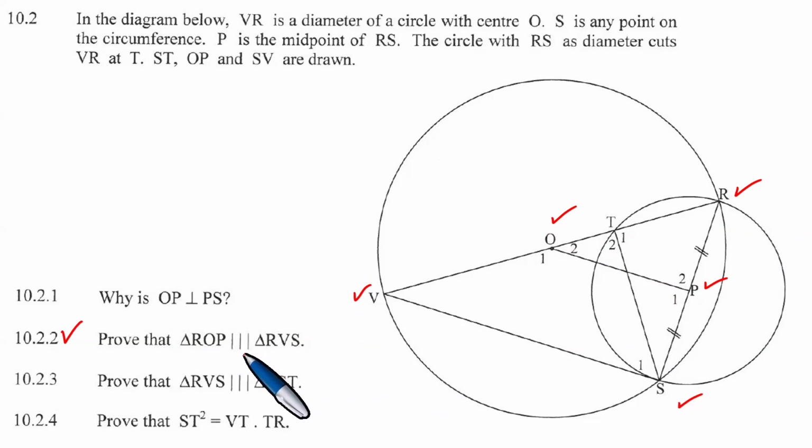Yes, this is similarity now. Similarity means that we need to prove equiangularity. We must prove that this angle equals this angle equals that angle. Okay, so let us look at that one.